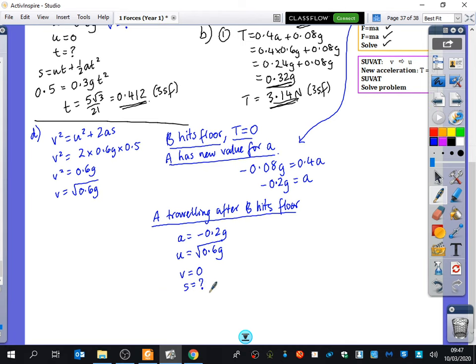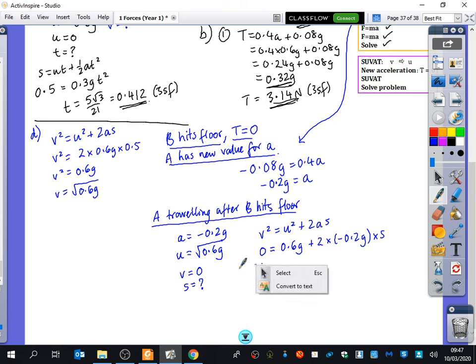Now, connecting these things together, we know that v squared is u squared plus 2as. So you get 0 equals, u squared is just going to be 0.6g, and we've got 2 times minus 0.2g times s. So multiplying this all out, we get 0 equals 0.6g minus 0.4gs.